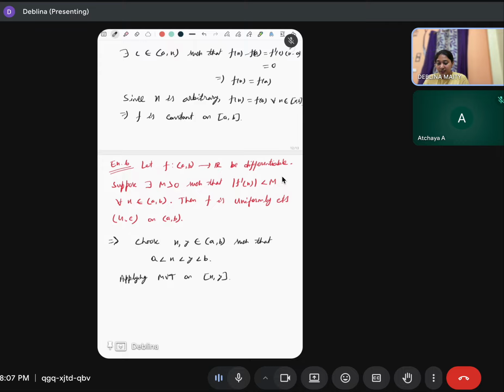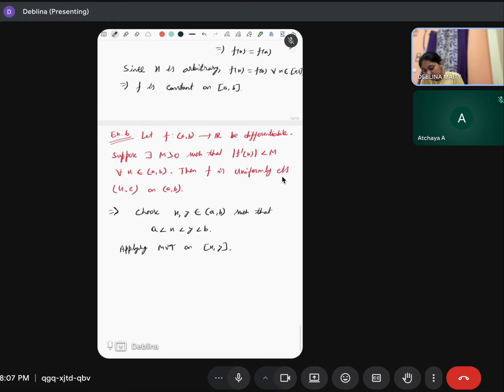Since f is differentiable, f is differentiable on the closed interval x to y. So we obtain f y minus f x equals f dash c into y minus x, where this c belongs to the open interval (x, y).